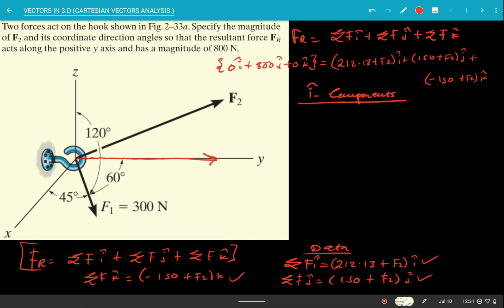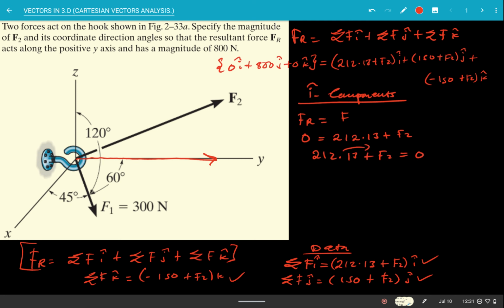Remember, the force resultant in the I is equal to the given force components in the I. So I'm having 0 being equal to 212.13 plus F2. Solving for F2 in the I, I can flip this and have 212.13 plus F2 is equal to 0.